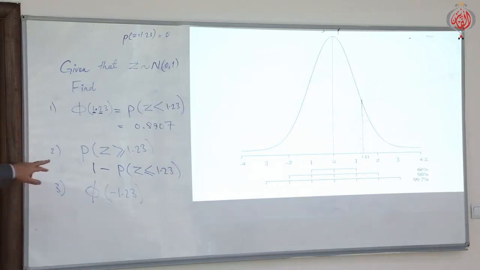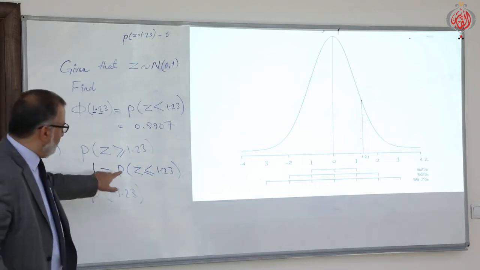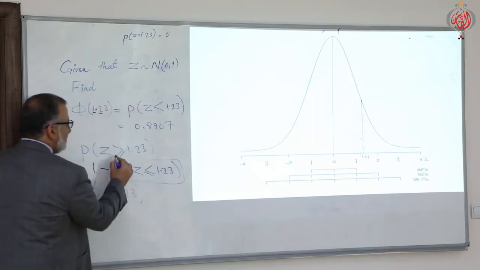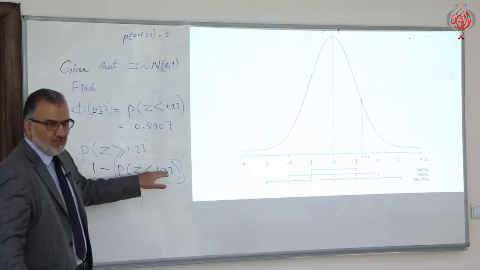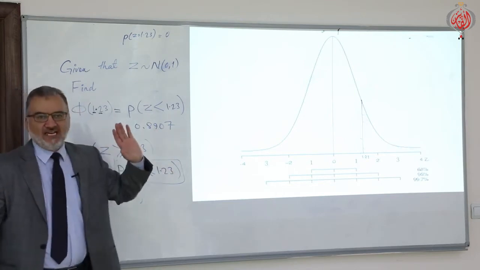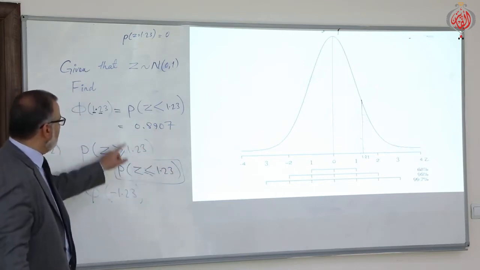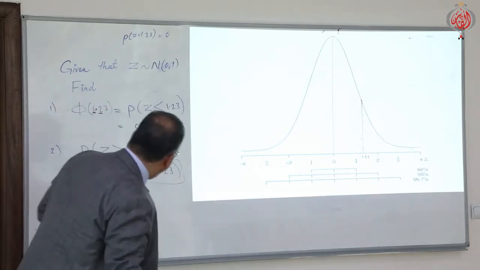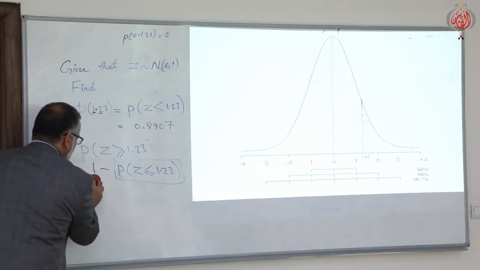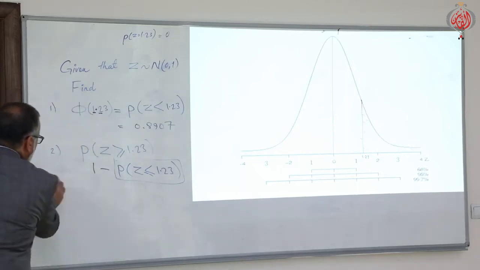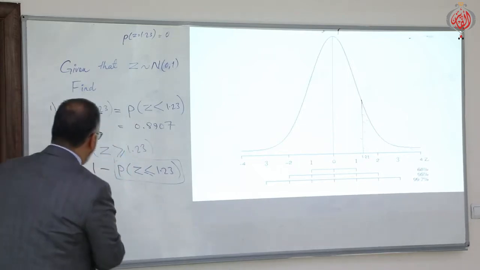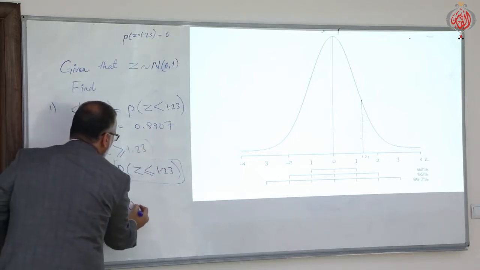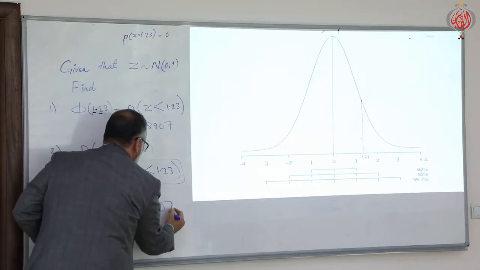Okay, so I have to calculate. Go through the tables now. Can I go through the tables to find this? Yes, since it is Z less than a positive value, yes. Directly I can go to the tables, and I already found it. It is that value. So it is nothing but 1 minus, I already found it, 0.8907.